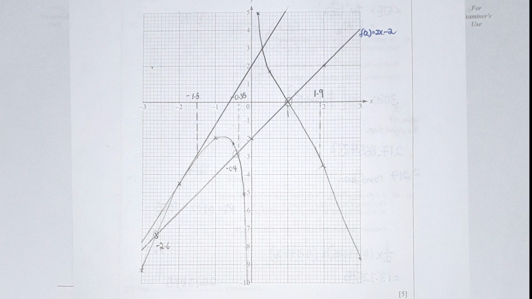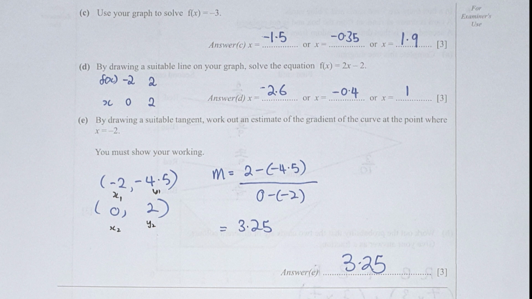So over here, we are using the negative 2, negative 4.5 coordinates with another one, which is the one that I identified, 0, 2. I set them as x1, y1 and x2, y2, run the gradient formula, then you will get 3.25. Same thing, there's an acceptable range for this answer, so no worries if yours is different from mine.